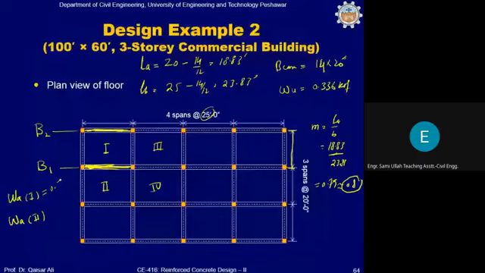Okay. And WA for panel 2 is how much? First of all, panel 2 corresponds to which case?